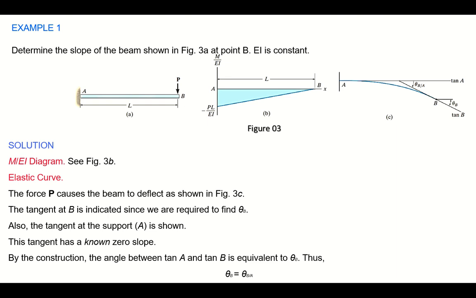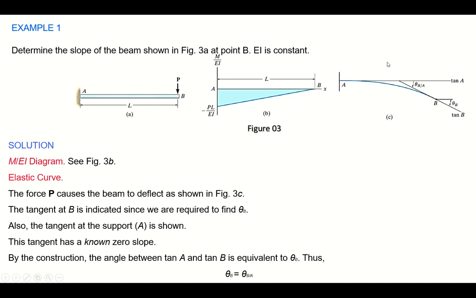Just draw its bending moment diagram as seen in figure B, and convert that diagram into M over EI. In a cantilever beam the bending moment is equal to P into L, and dividing this PL by EI gives you the PL over EI diagram, the M over EI diagram, and then draw its elastic curve.